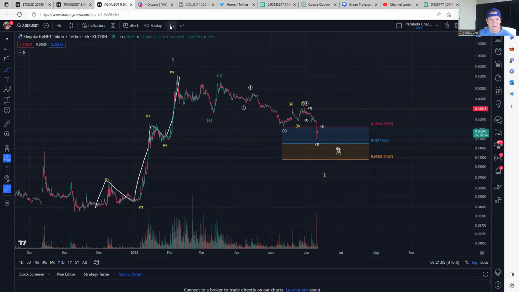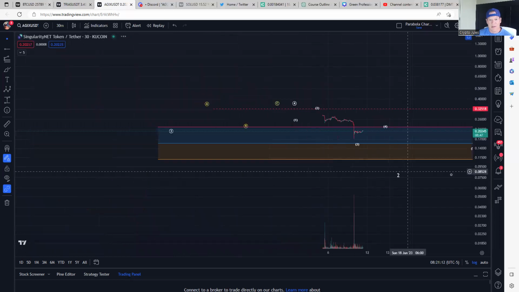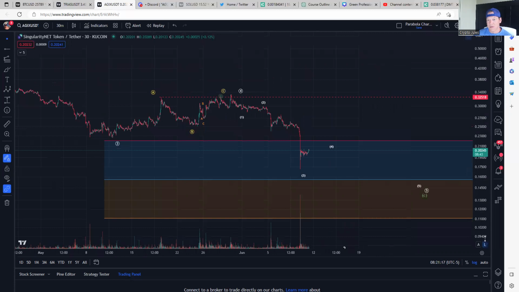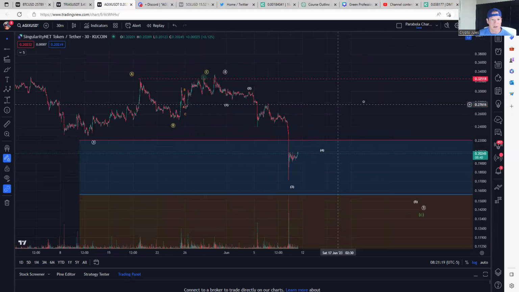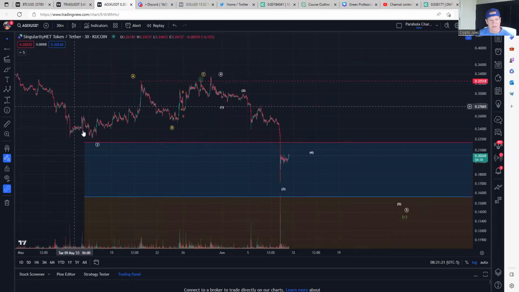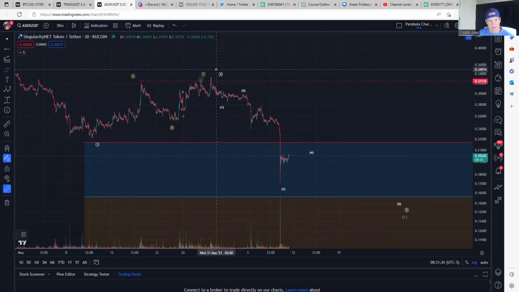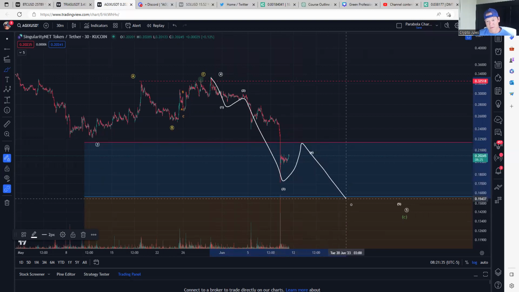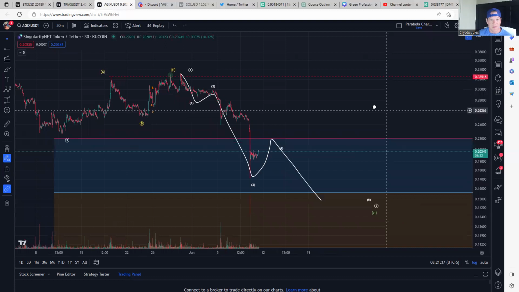But let's hop in real quick to the micro to see how I've got this thing breaking down, and to see if we can get a good idea as to where our bottom's going to be. Okay, so as I talked about, we had this C wave down, which is this 1, 2, 3, and then this is your 4, and then what I believe we have is a 1, 2. This is likely our 3. We will have this 4 wave, and then we will have one more 5th down.